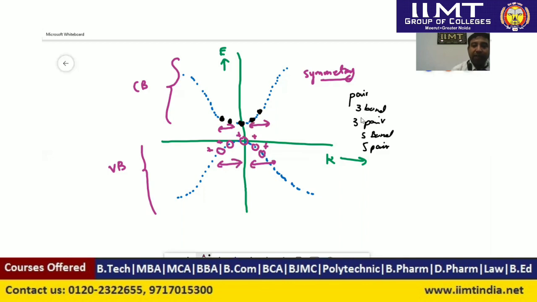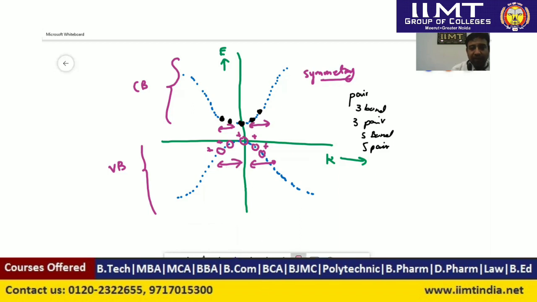If we use a different color pencil here for the unsymmetrical distribution, I'm trying to draw an unsymmetrical distribution here. For example, these total 5 electrons are here.